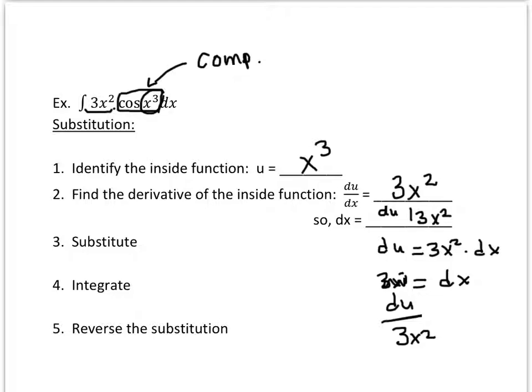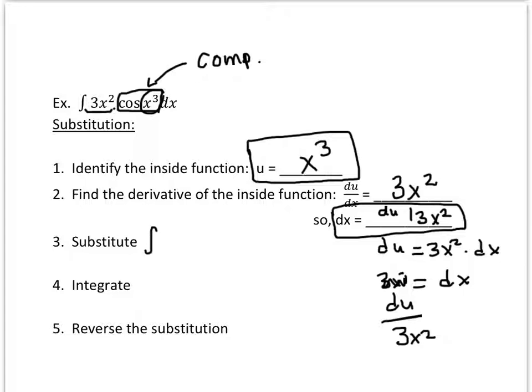When I substitute, I always substitute my original choice. So I make the trade out for u, and I always substitute for dx. So I'm going to make those substitutions. 3x squared stays there. It's not one of the things I'm substituting. Cosine stays there.